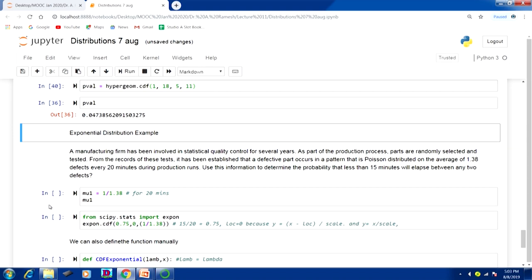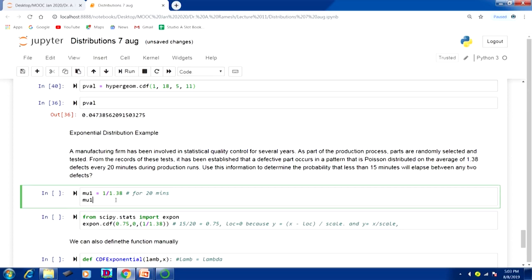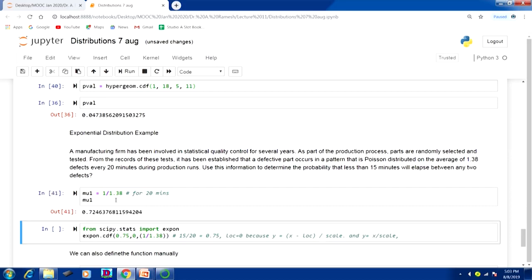The mean of an exponential distribution is 1 divided by the mean of the Poisson distribution. Here the Poisson distribution mean is 1.38. So, mu1 is for the mean of the exponential distribution, mu1 equal to 1 divided by 1.38. That value is this much.